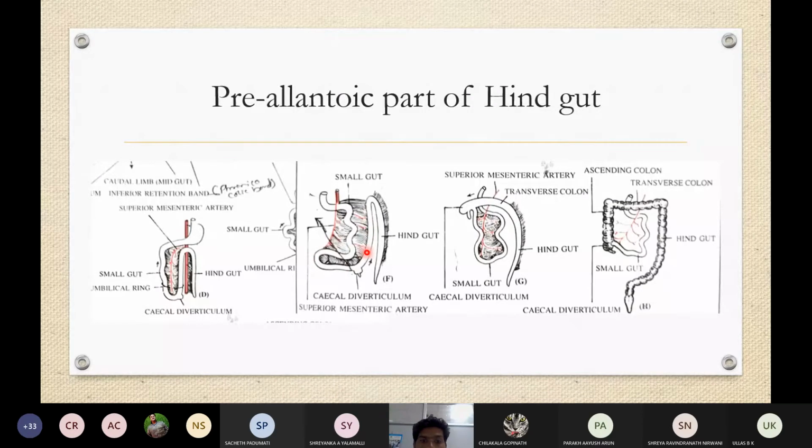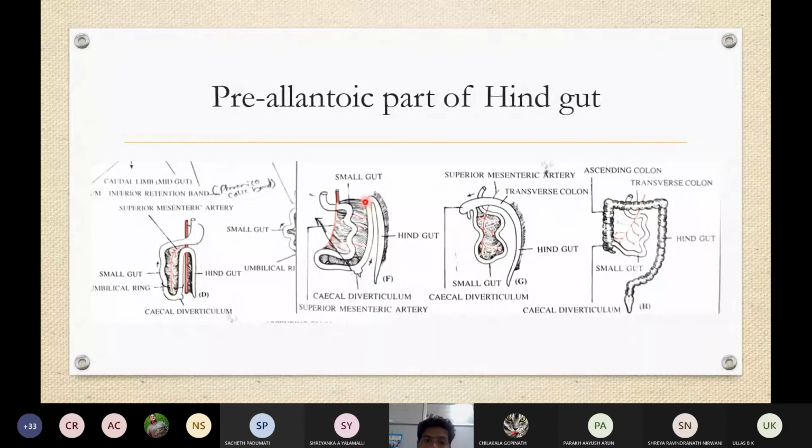So the proximal part of this will get converted into what is called the phrenicocolic ligament, the junctional area where it is adhered to the diaphragm by ligamentous structures.